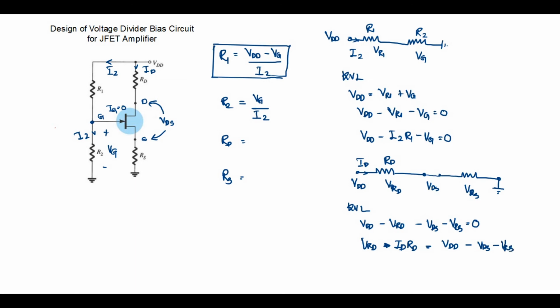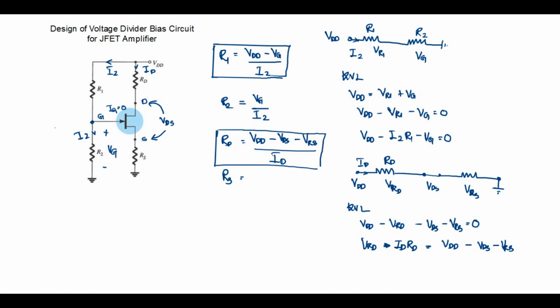When you rewrite this equation for RD, you have RD equal to VDD minus VDS minus VRS divided by ID, and this is the equation for RD.